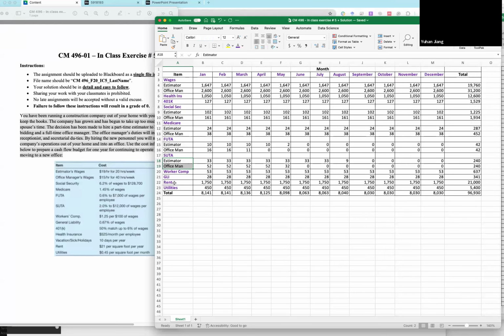Reading this carefully, we jump into the first column. You will see those numbers are actually the same; there are not many changes.